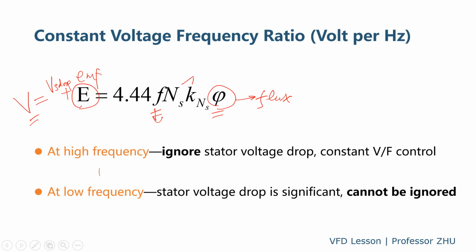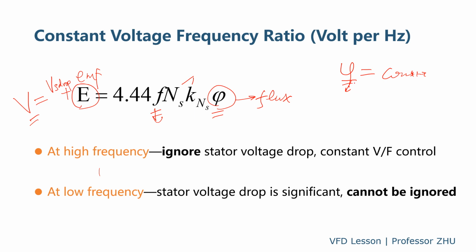So when we change the speed by changing the frequency of the motor, we want to keep the flux almost constant, because the best way is to keep the flux close to the design value of the motor. If you have extra flux, the core of the motor will be saturated, then you get extra heat. And if the flux is lower than the rated, then you don't have enough torque on the motor output side.